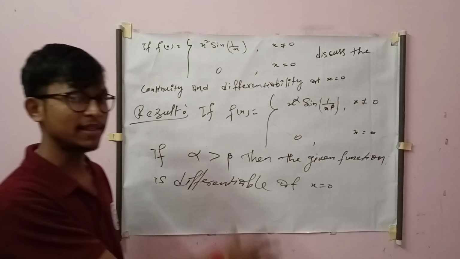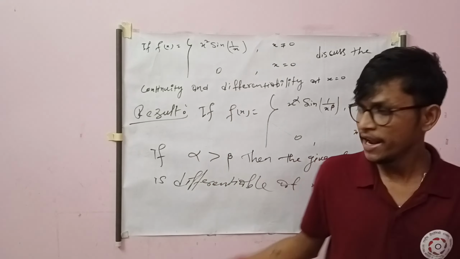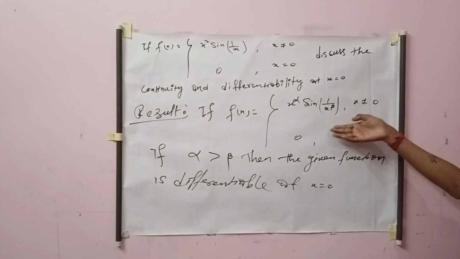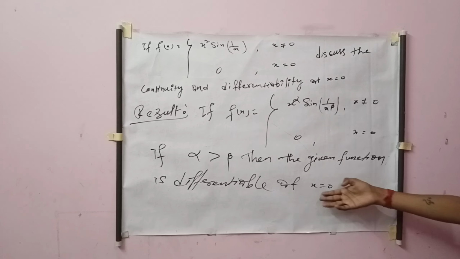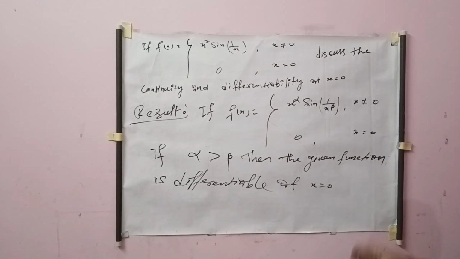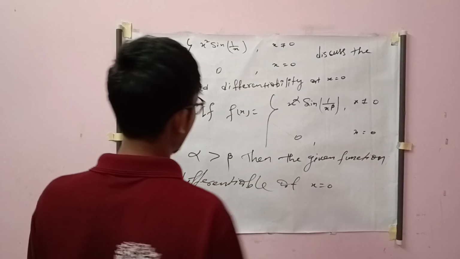Whatever the point is, that function is differentiable. It means the function has a problem at 0, but it is differentiable at 0, so the function is differentiable on R.